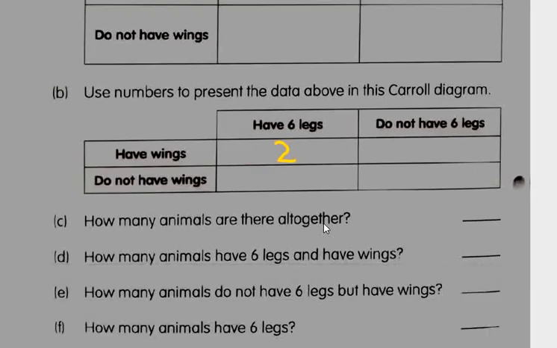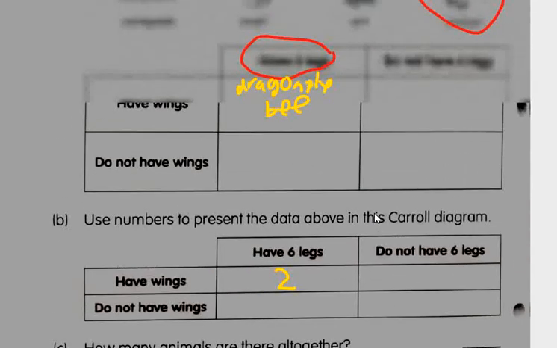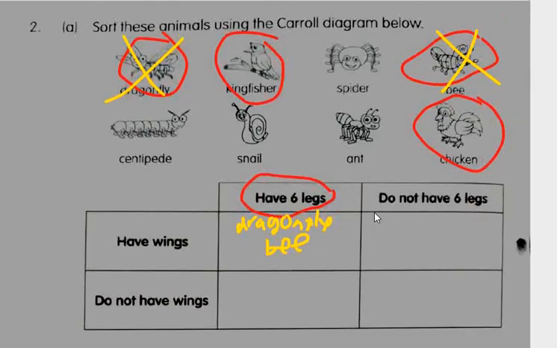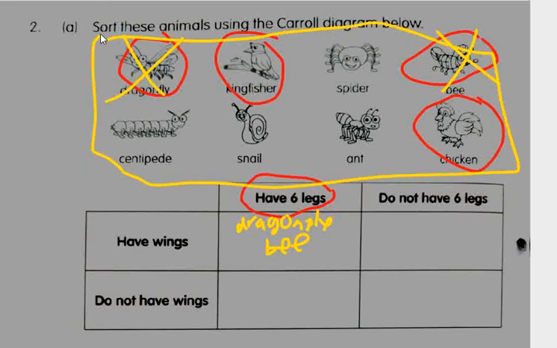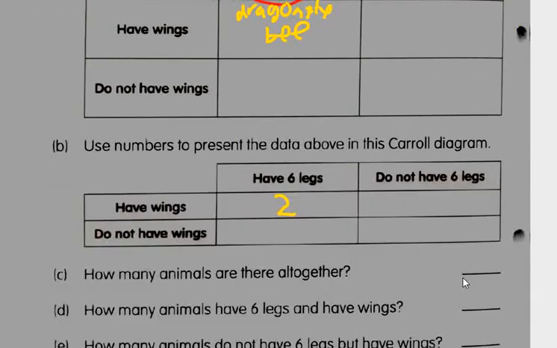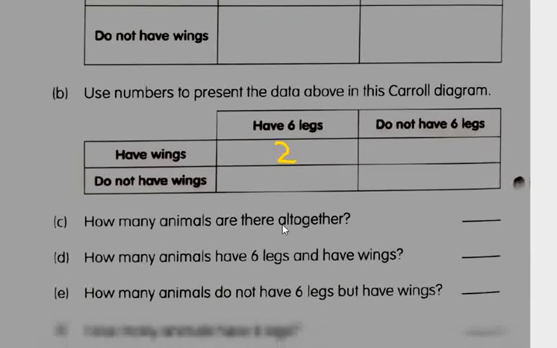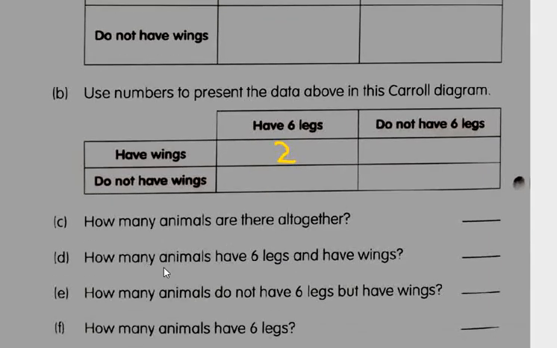And then how many animals are there altogether? It's as easy as just count all of them, right? Count all of them and that will be the answer. And C and D, how many animals have 6 legs and have wings?